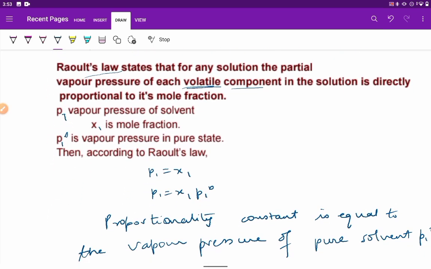Now if P1 is the vapor pressure of the solvent, X1 is the mole fraction, and P1 naught is the vapor pressure in pure state, then P1 is equal to X1 P1 naught. P1 is directly proportional to X1.